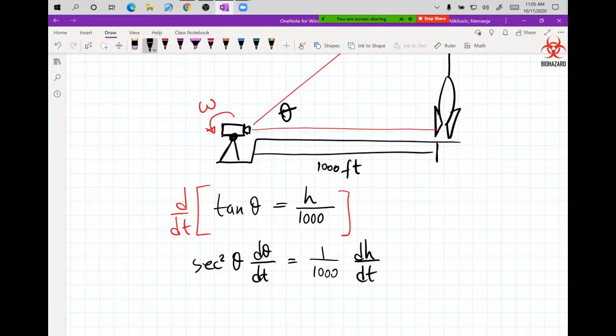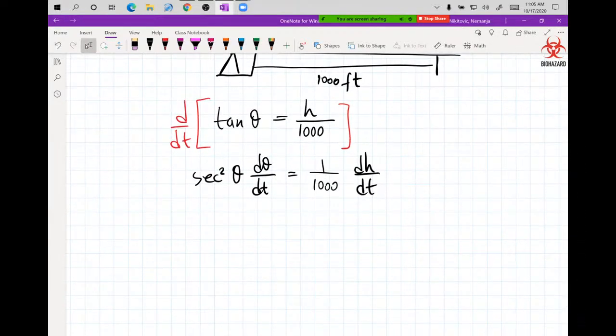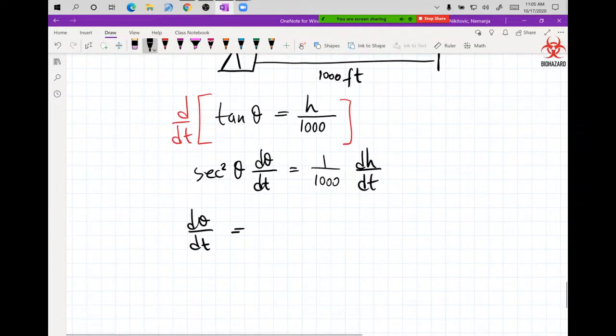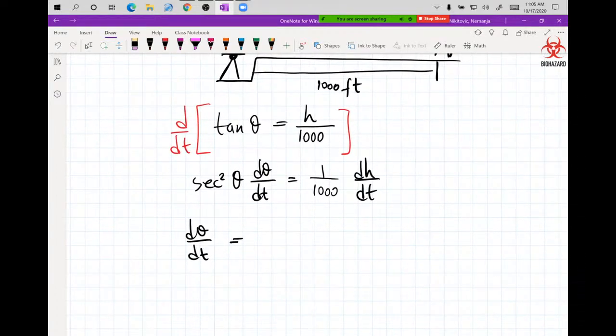And now you can fix this. You are interested in d theta dt, which would be 1 over 1000 times 1 over secant squared theta times dh dt.